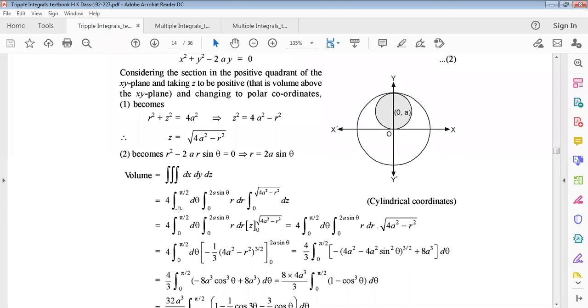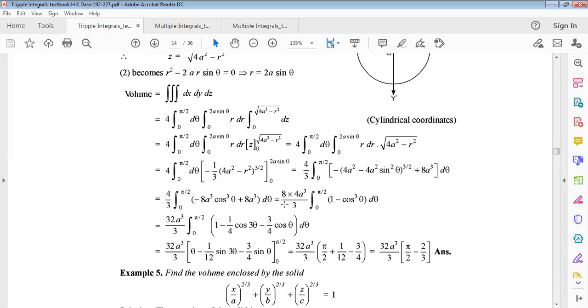Now 4 into, the angle in the first quadrant will be 90 degrees, so theta goes from 0 to pi by 2, and the r limit will be 0 to twice a sin theta. The z limit, z equals this, 0 to the square root of 4a square minus r square.